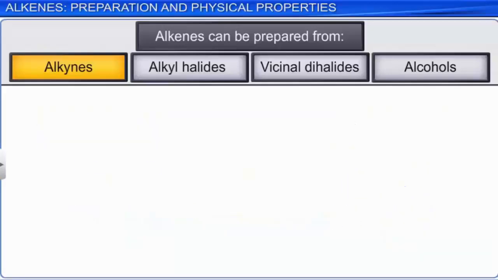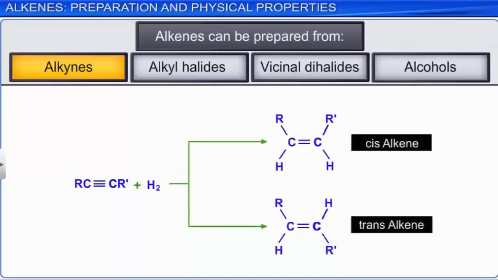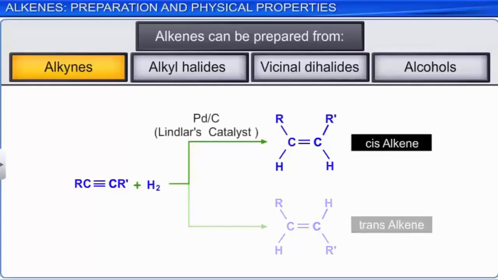Depending upon the nature of the catalyst used, a higher alkyne can be reduced to a cis or trans alkene. Lower alkynes, such as ethyne and propyne, and higher terminal alkynes do not yield cis-trans isomers upon hydrogenation. When the catalyst used is Lindlar's catalyst, the alkene obtained shows cis geometry.